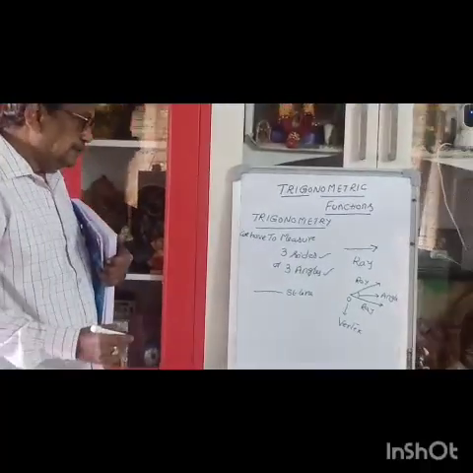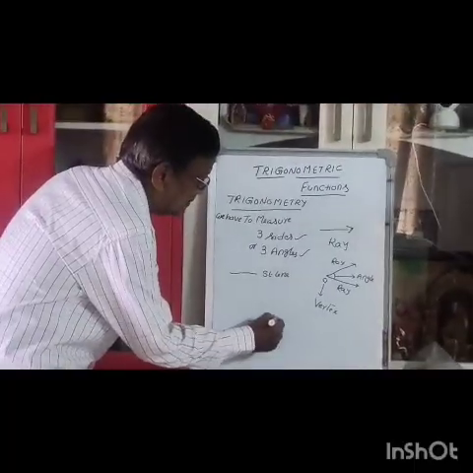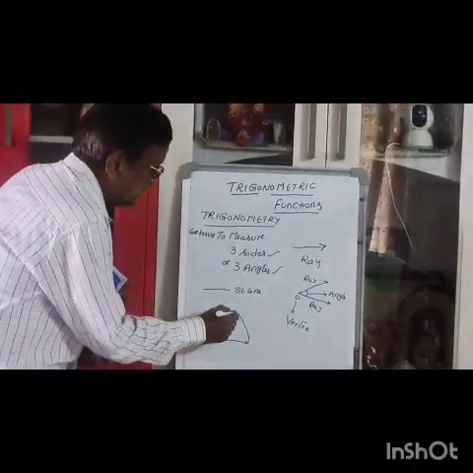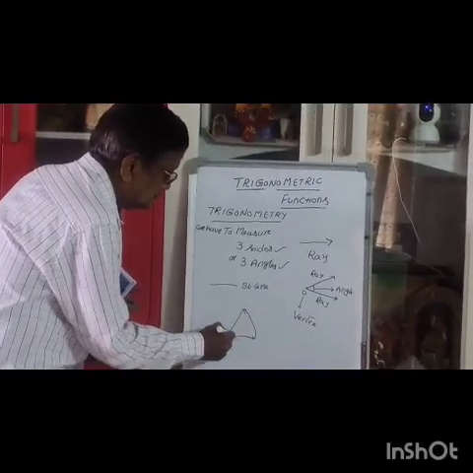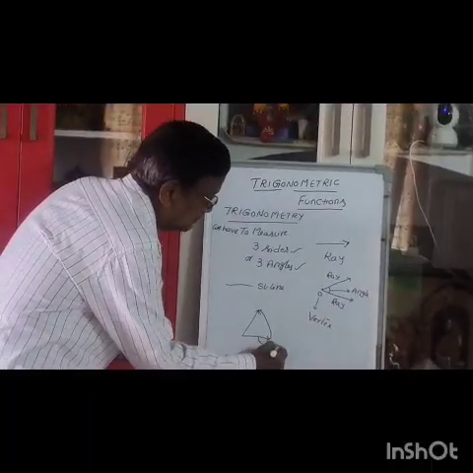Now, suppose the ray starts from here, rotates like this, and stops here. Where it starts is called the initial ray.